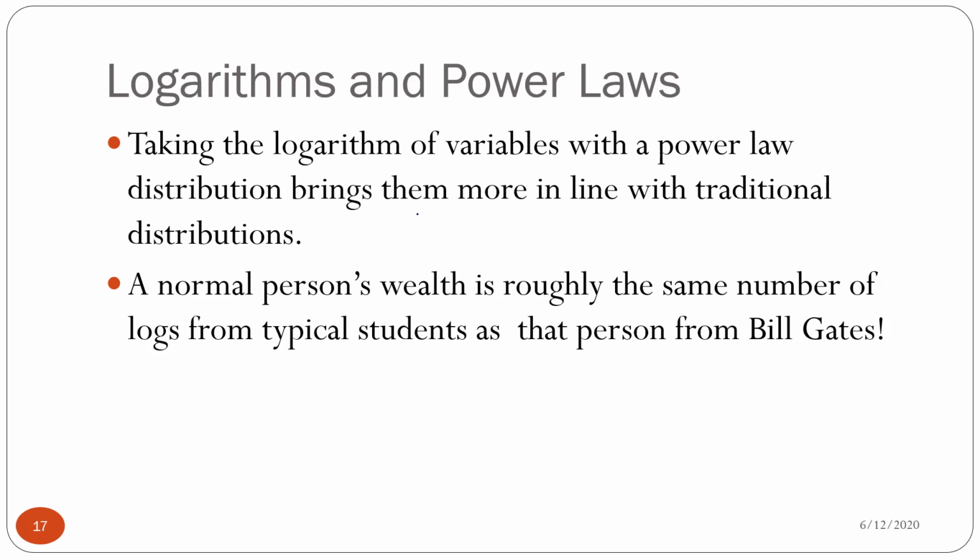And we love normal distribution in data science and machine learning because normally distributed data has more predictive power, since it results in a better spread of the data. So taking the logarithm of a variable with power law distribution brings it more in line with the traditional distribution. Traditional means probably the normal distribution.